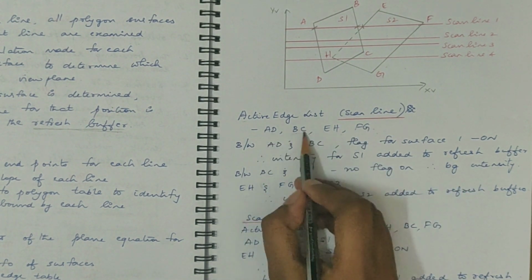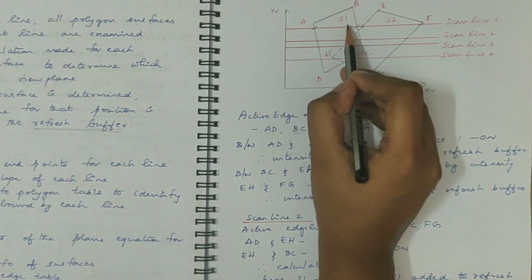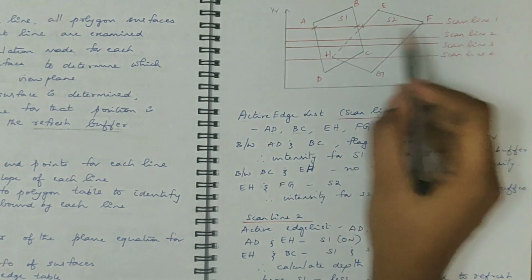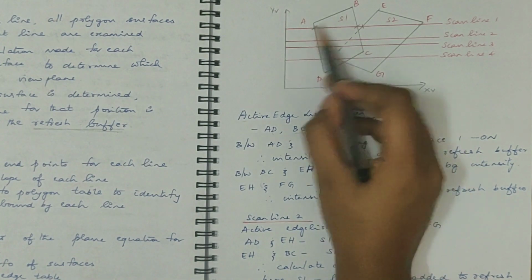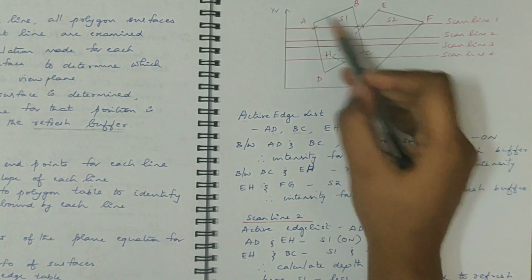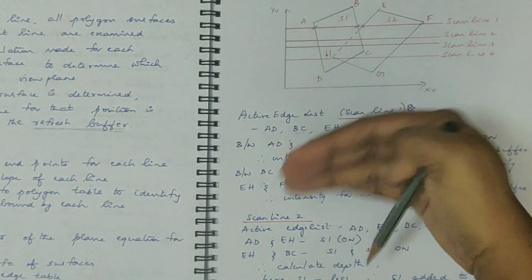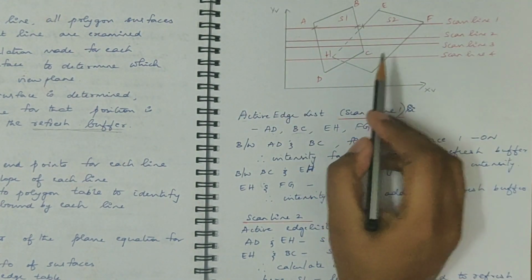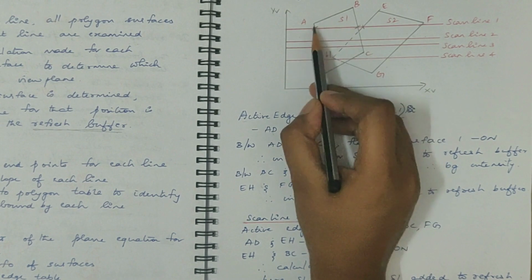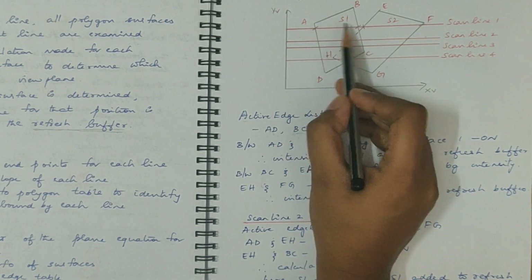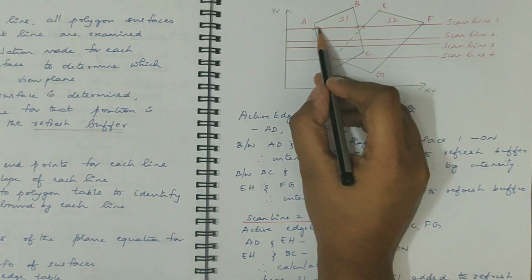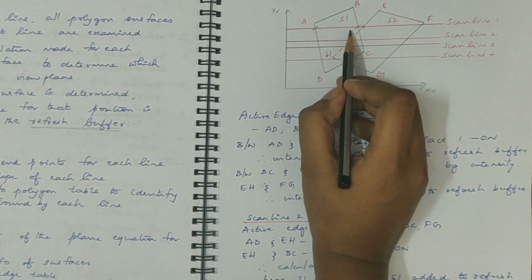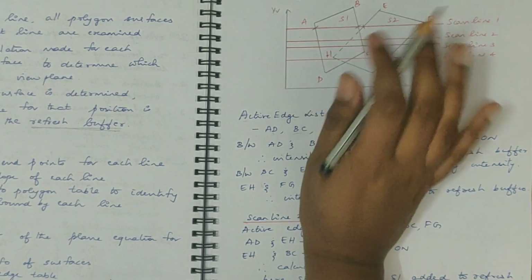Now each of these intersecting points will be examined to see which surface it is on. Between AD and BC, you can see that all these points are along the surface S1. You have two surfaces here, S1 and S2. We assume that S1 is in front and S2 is behind. Between the points AD and BC, you only have one surface. How will you find out whether the surface is there or not? By examining the flag variable.